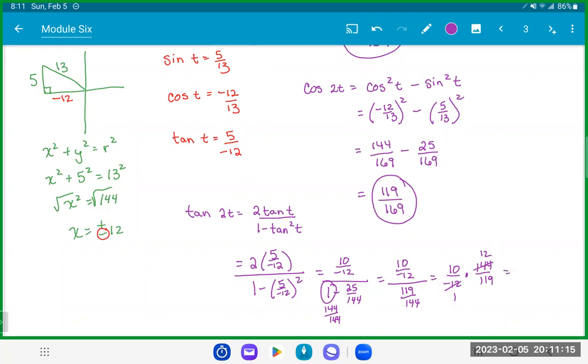And don't forget, we have that negative there that's attached to that. So we can bring that up here. 10 times 12 is 120. 1 times 119 is 119. So our tangent 2t is going to be negative 120 over 119.